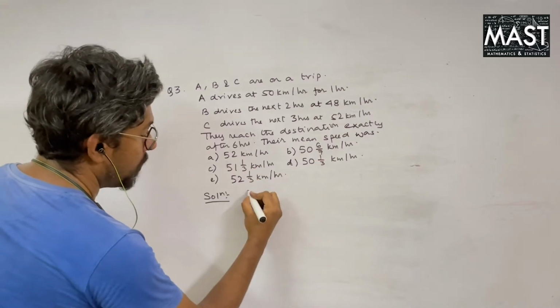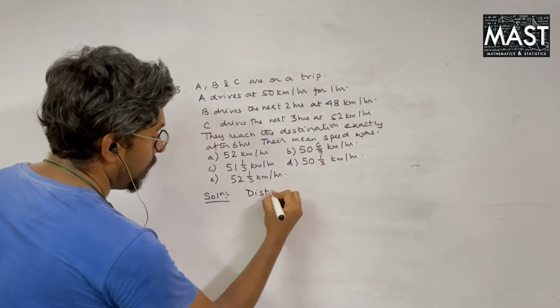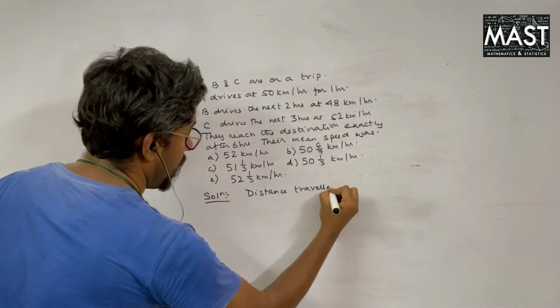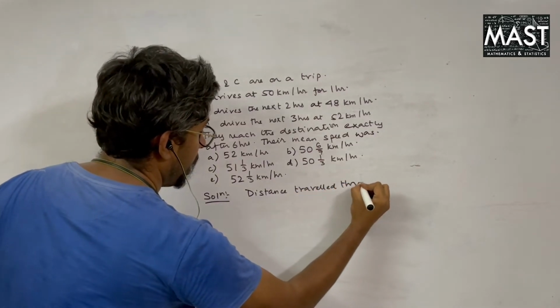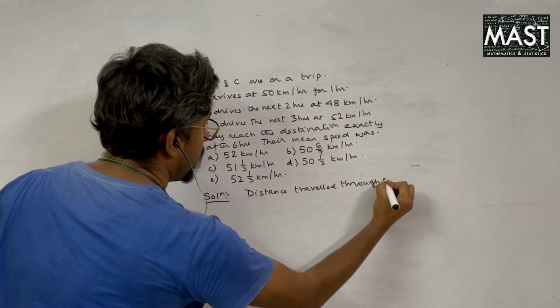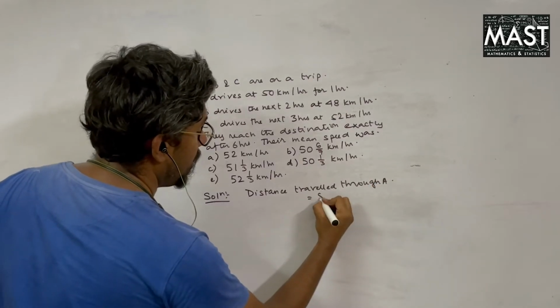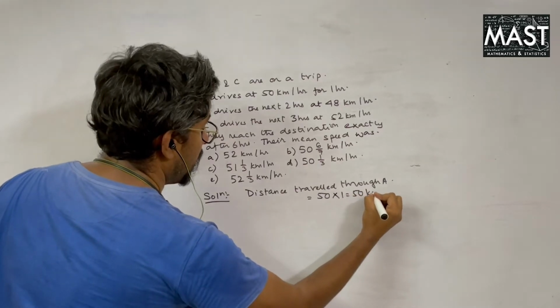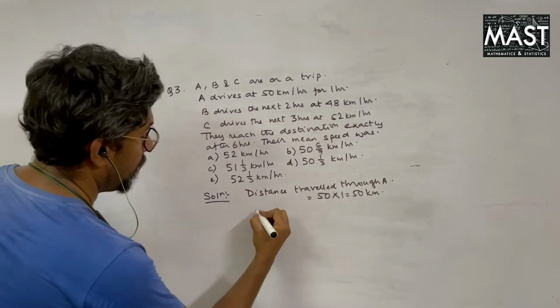So the distance traveled through A. Since A is only driving for 1 hour, they travel 50 kilometers.